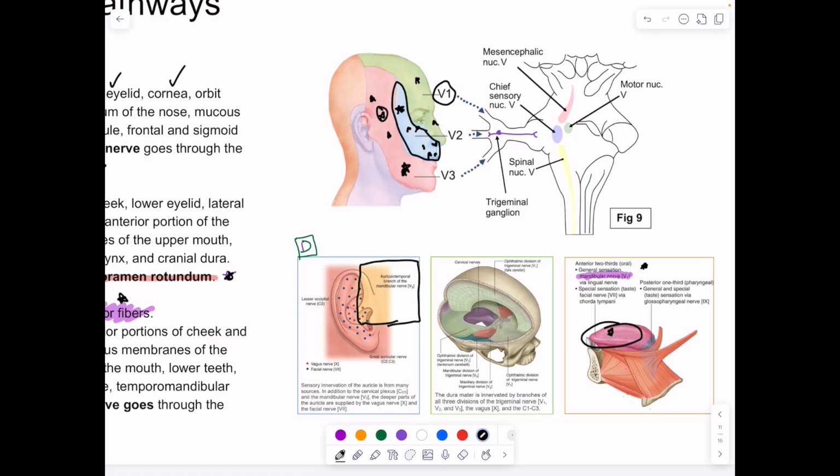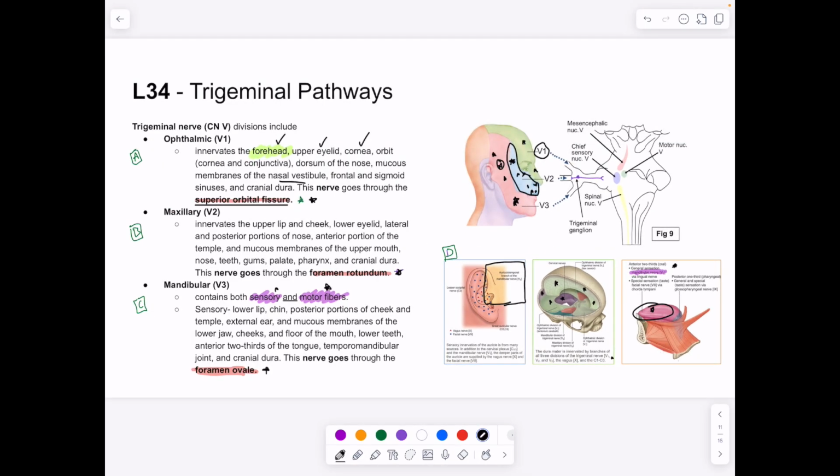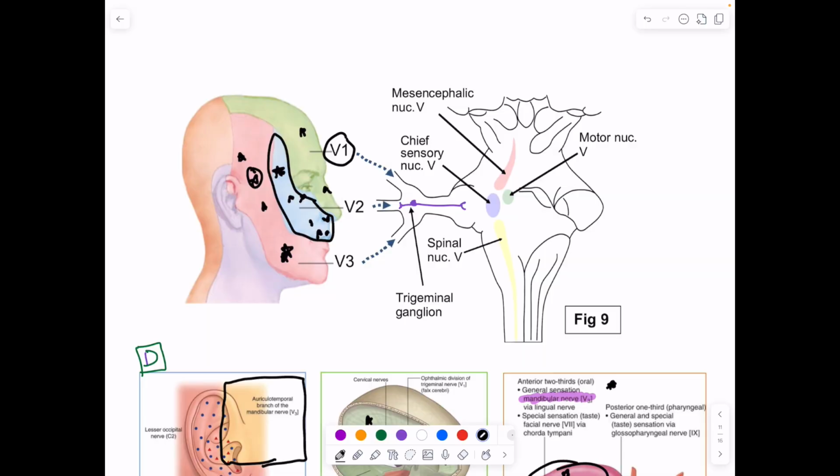And then finally, you have the dura mater, and here are projections of the dura mater, which is innervated by all three branches of the trigeminal nerve. Okay, so the question is, we have sensory information, we have one motor fiber, and we need to do something with that information.